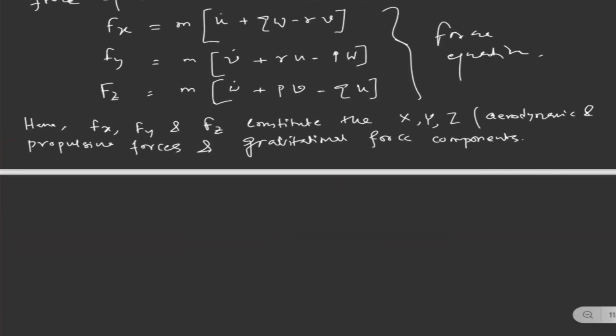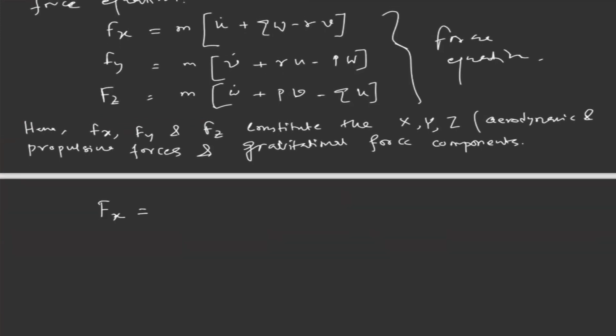So we can write here Fx equal to X plus Fx gravity. Along the x direction, the total force is Fx, which constitutes the force along the x-axis due to the aerodynamic and propulsive forces and the gravity forces.